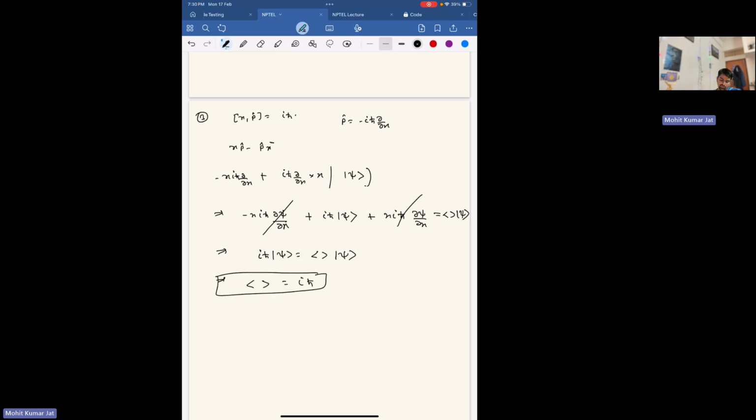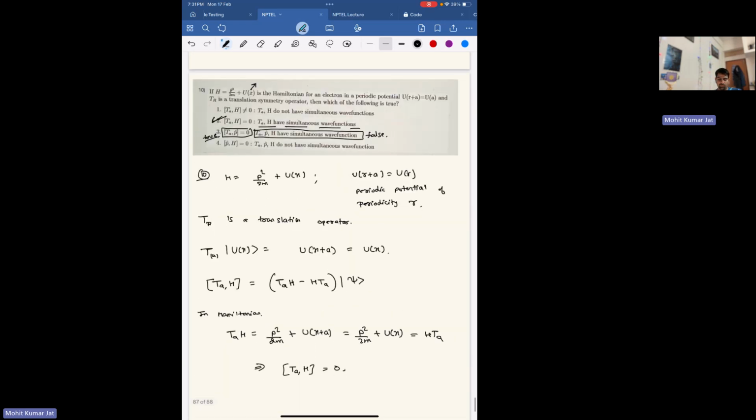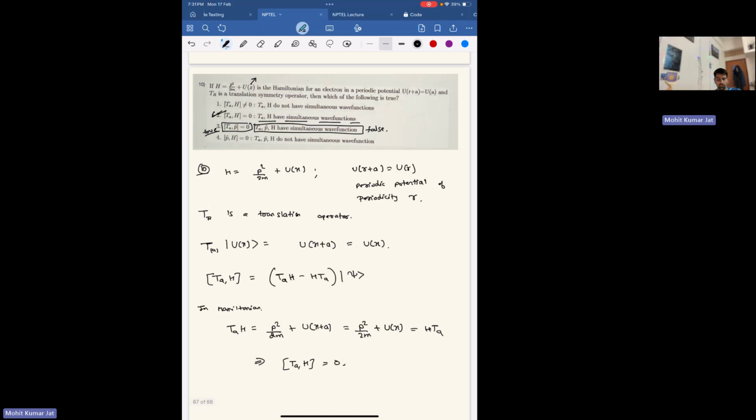This tells you that x and p don't commute, and that gives i h bar. X and px, I should write x and px, not the p, because if it is py, then they can commute, of course. But since in the Hamiltonian it's not mentioned whether it's px or py, I assume it to be a combination of px, py, and pz maybe, and then it won't commute. So this part is true, but this part is false.